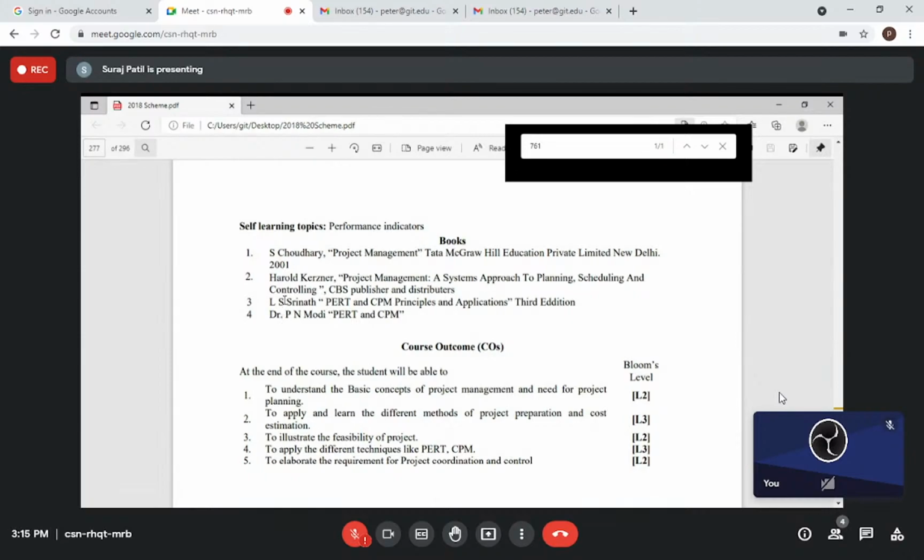And the 4th unit, what I was explaining, the scheduling of PERT and CPM network techniques and all, you can go through L.S. Srinath. The books are readily available. It is a very interesting subject to learn and implement in the due course of your career.